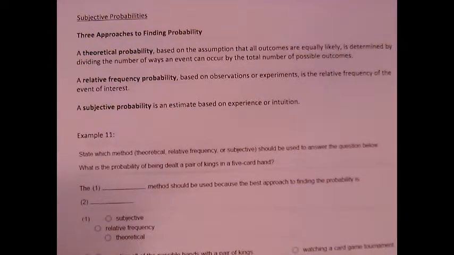And it is determined by dividing the number of ways an event can occur by the total number of possible outcomes. A relative frequency probability based on observations or experiments is going to be the relative frequency of the event of interest. Now, for a subjective probability, that's just going to be an estimate based on experience or intuition.